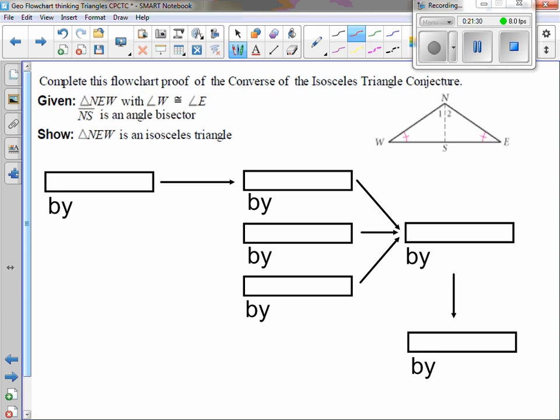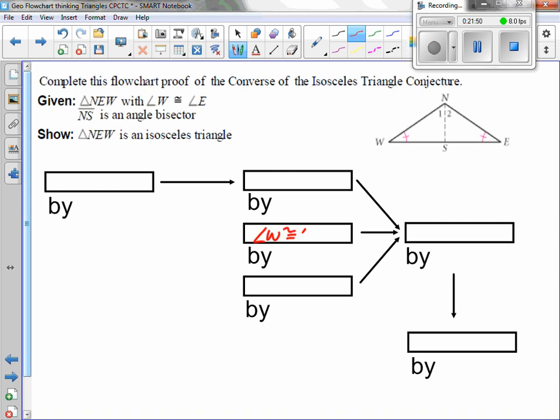Triangle NEW with angles W and E congruent. So they told us those are congruent, yes? Because what are we looking for? We're looking for sets of angles or sides that are congruent, so we can say the two triangles are congruent, yes? Does it tell us two angles are already congruent? Yes? I wouldn't put it in this one here. I'd put it over here.